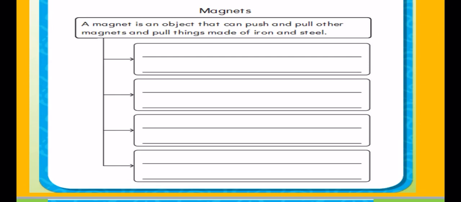The first main idea is a magnet is an object that can push and pull other magnets and pull things made of iron and steel. What else do you know about magnet? Think with me for a minute.